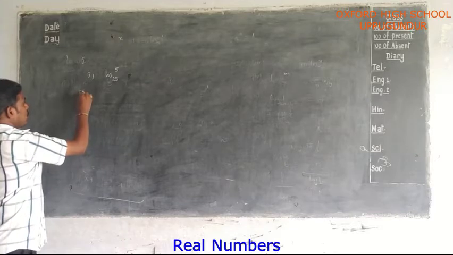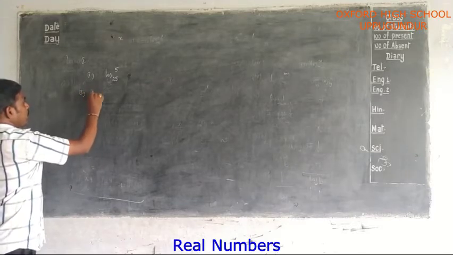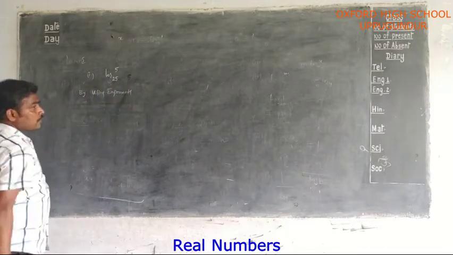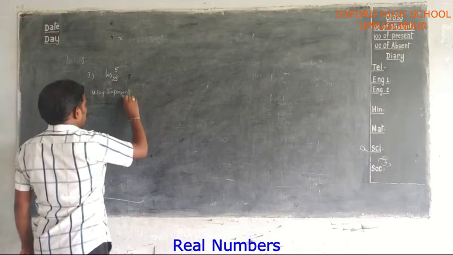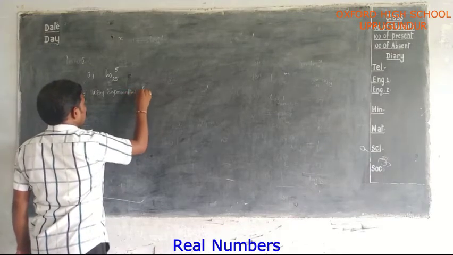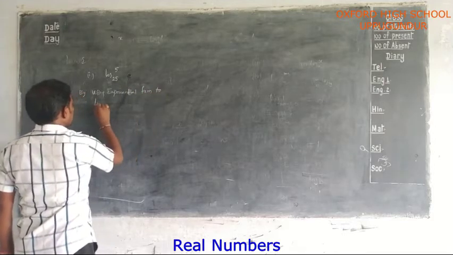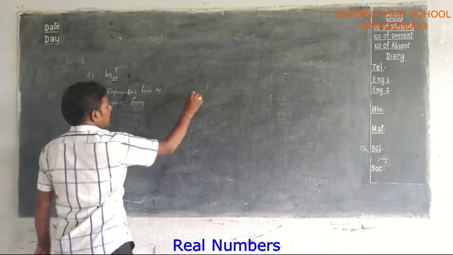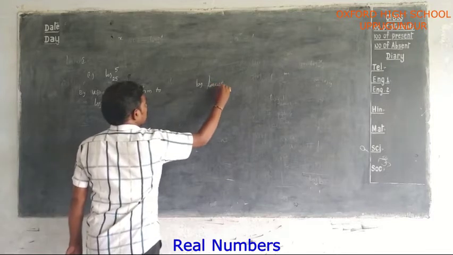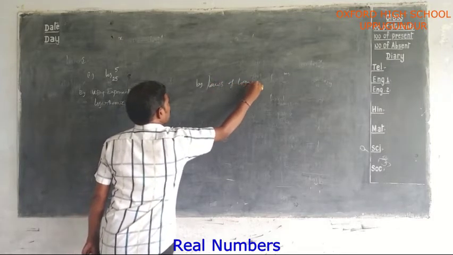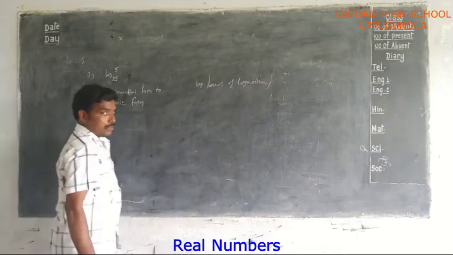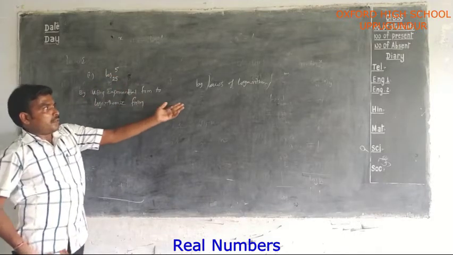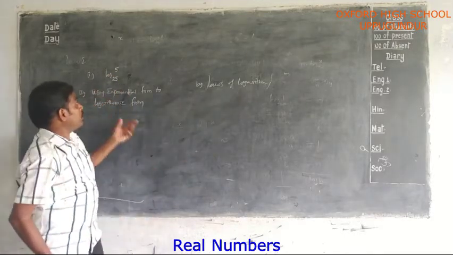First one is by using exponential form to logarithmic form, or by using laws of logarithms. So using exponential form to logarithmic form, you can find the value of this, or by using the laws of logarithms, we can find the value of this.